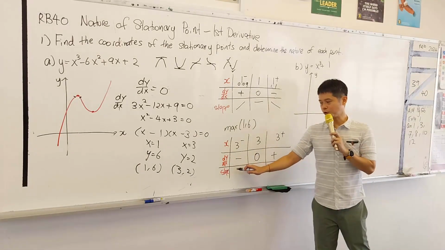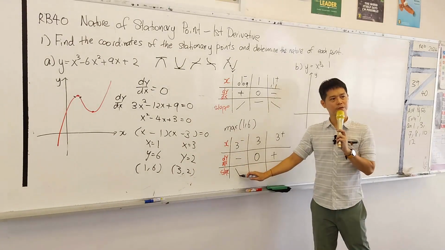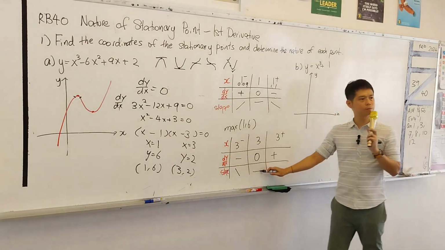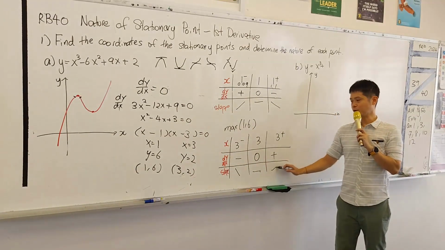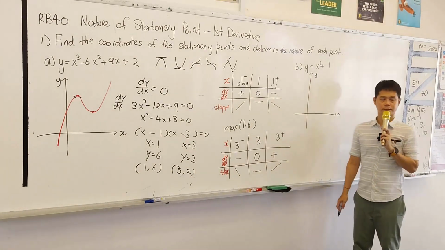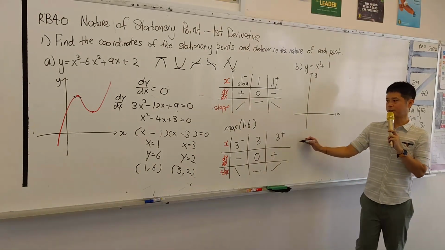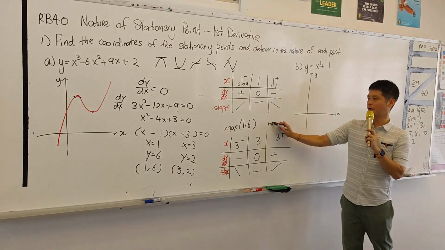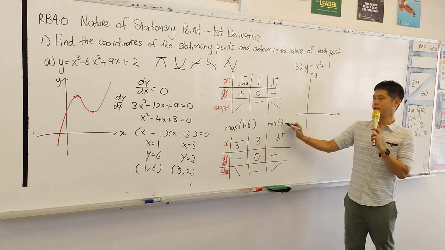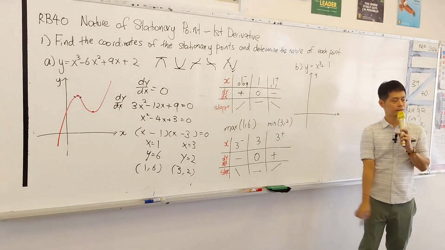Cannot, right? Then you draw the slope. Negative slope, 0 slope, positive slope. What type of point is this? How do you present your answer? You present answer as minimum point, bracket 3, 2, and we are done.